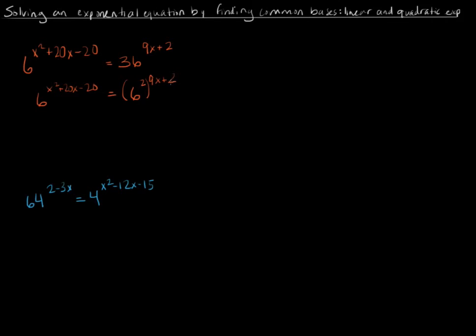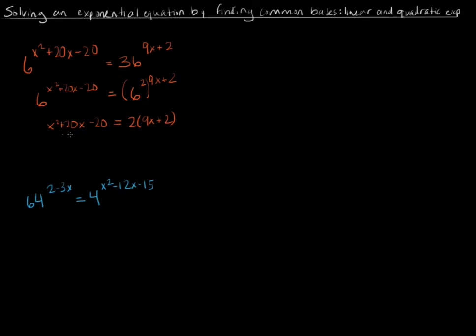And if you remember, a power to a power, we multiply powers. And if the bases are the same, and they're equal, then the exponents have to be equal too. So we can take these exponents out. So we can get x squared plus 20x minus 20 equals 2 times 9x plus 2.